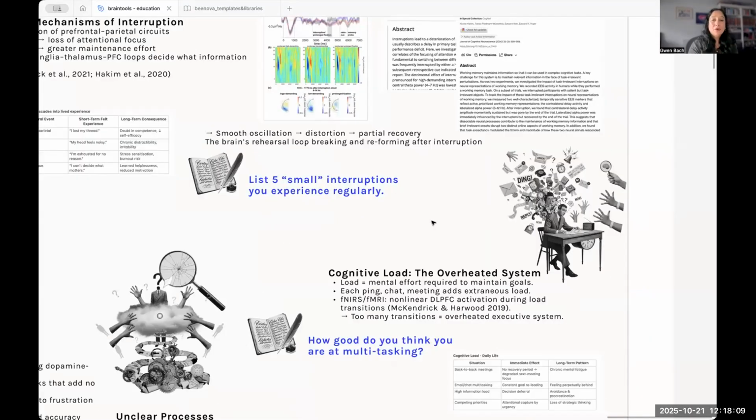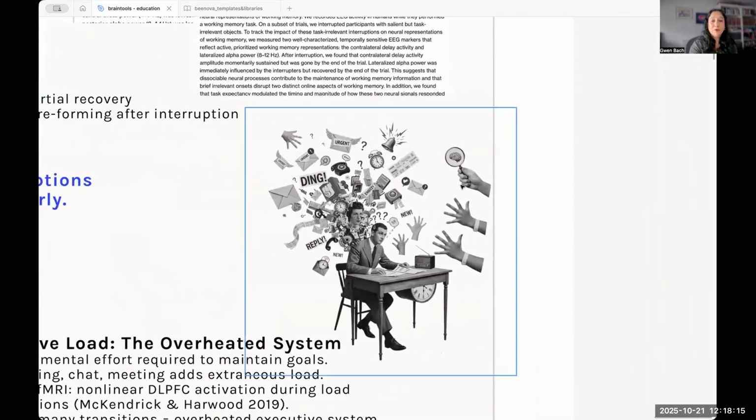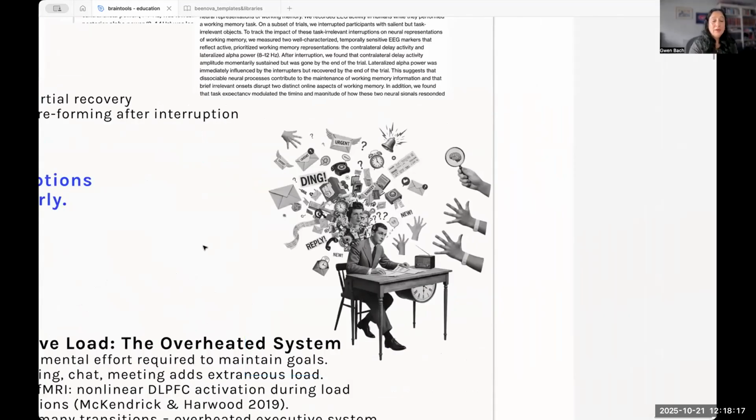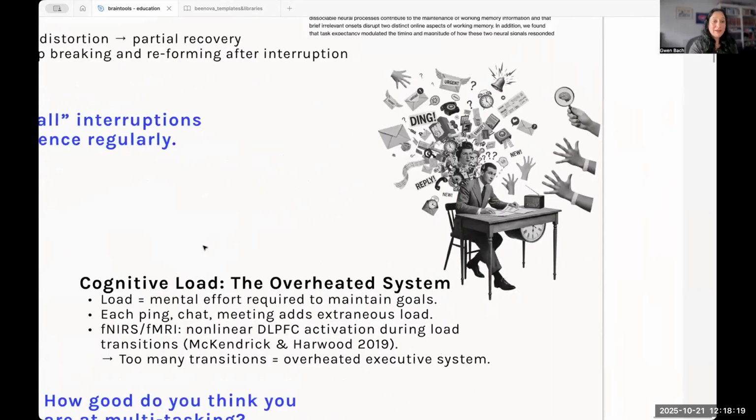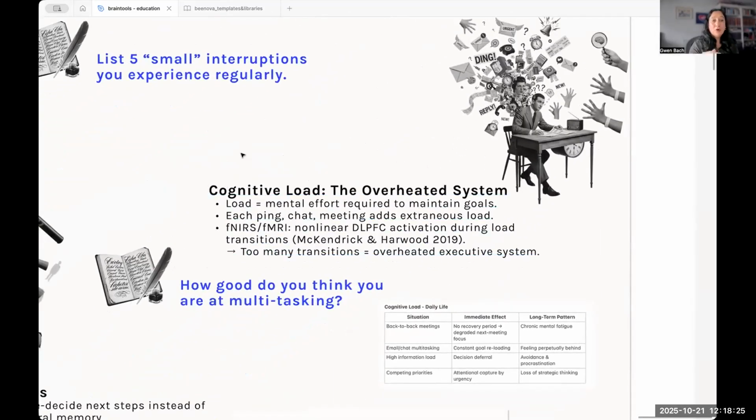Okay, so all of those feed into our cognitive load. And here we have this image of all those things going on at once, and our brain desperately trying to stay focused. And this is where we have all of those feeding into the cognitive load, and we have a lot of that going on today. And it's really like an overheated boiler system.